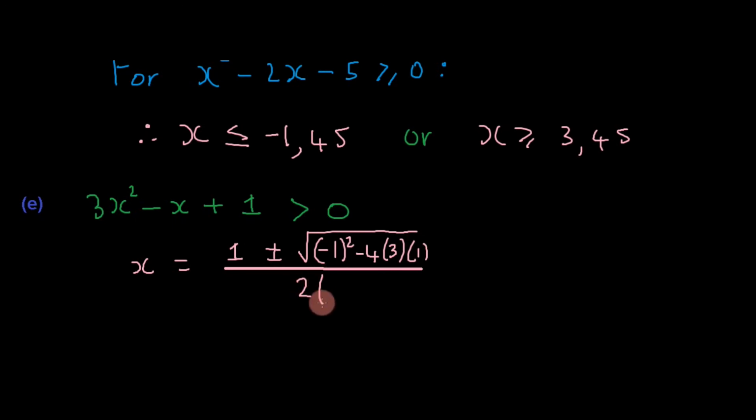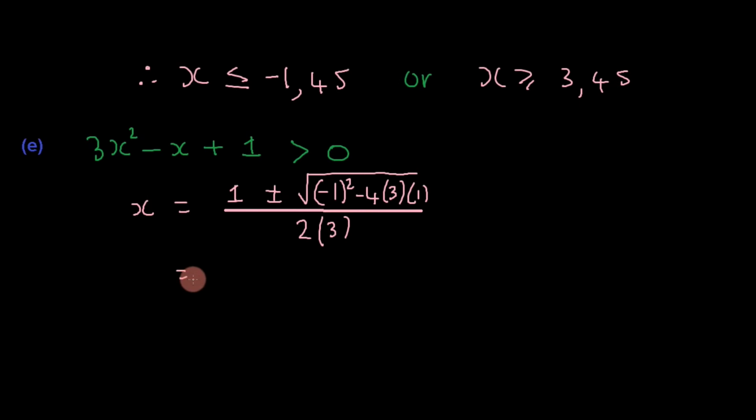This is all over 2a, so 2 times 3. So we have 1 plus or minus the square root of, and we can work out under the square root. It's going to be 1 minus 12, which is negative 11 all over 6.